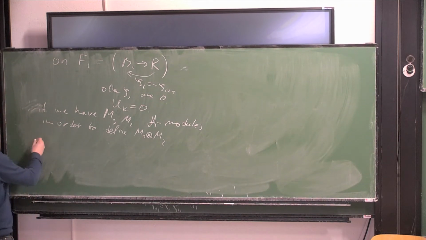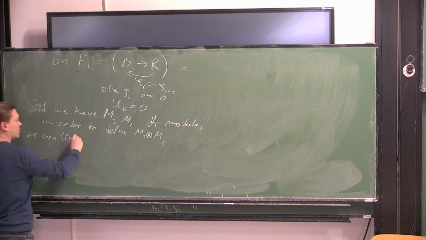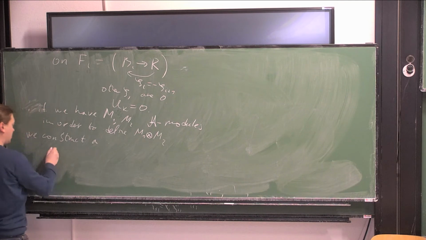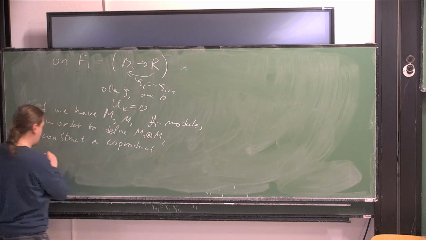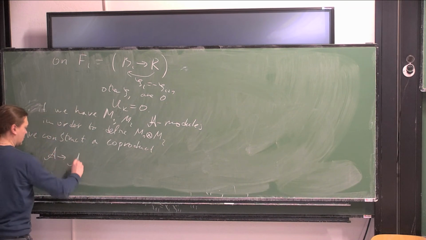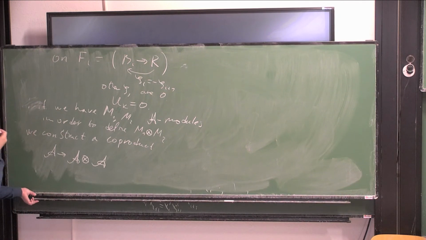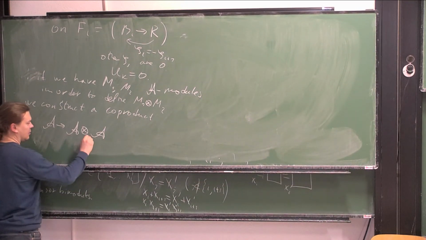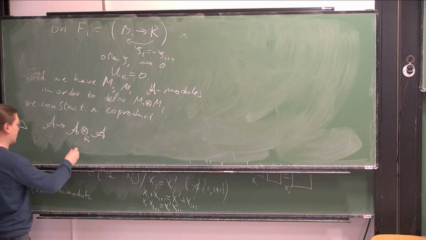and for that, the approach is to construct a coproduct on A. So we construct a coproduct from A to A tensor A, where this tensor is over R, the same way as you tensor bimodules. And that's given explicitly on generators.